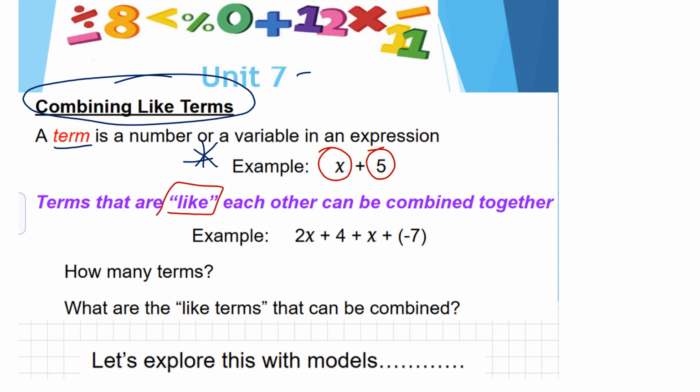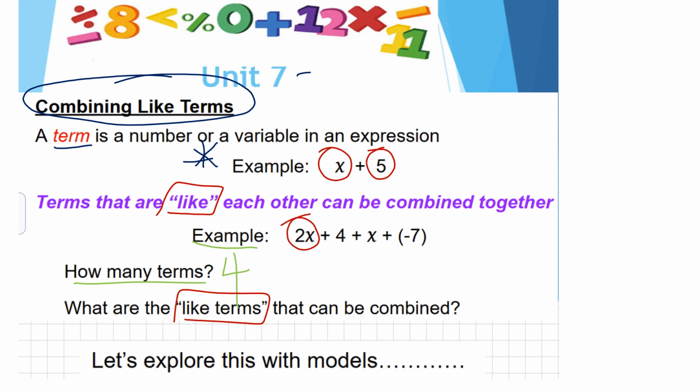So for example, if we look at this expression, we see that there are 4 terms: 1, 2, 3, 4 terms. Now we can find the terms that are like each other.